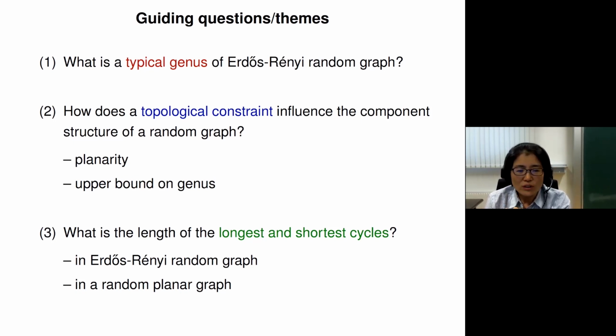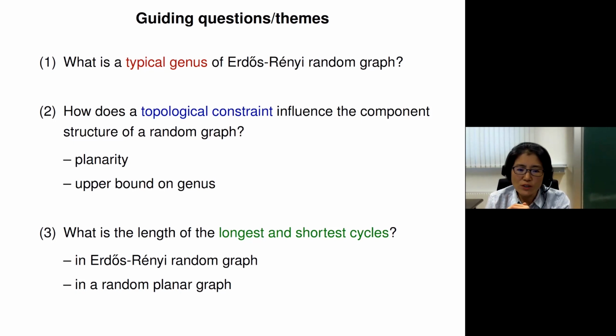The second question is how a topological constraint, such as being planar or imposing an upper bound on the genus, influences the component structure of the random graph, such as how the order of the largest component, or even the second largest component, is different from the Erdős–Rényi random graph case, and so on.